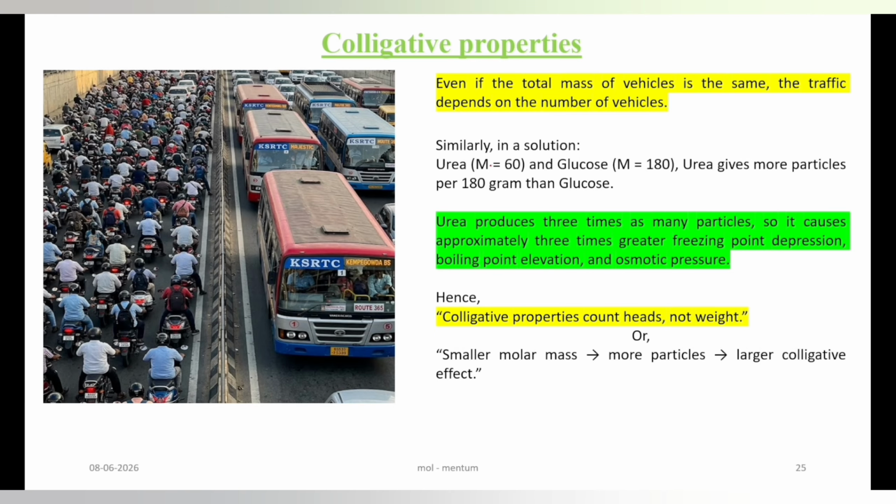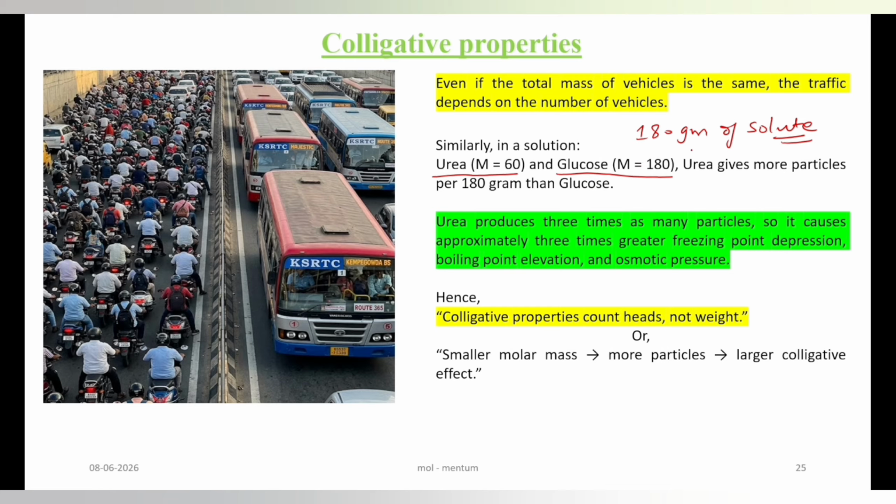Just one more example. Similarly, in a solution, I have 180 grams of solute, just as an example. Urea's molar mass is 60, whereas glucose's molar mass is 180.